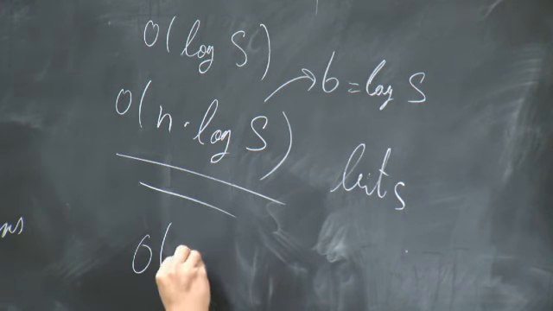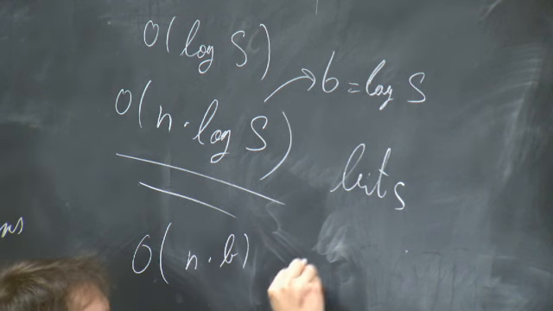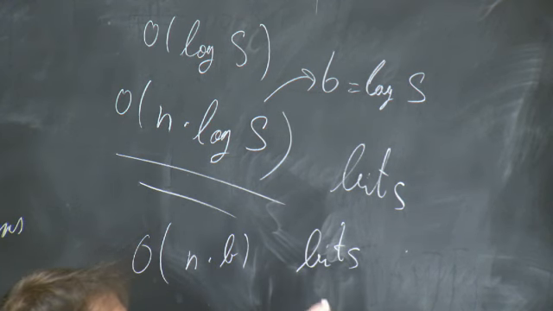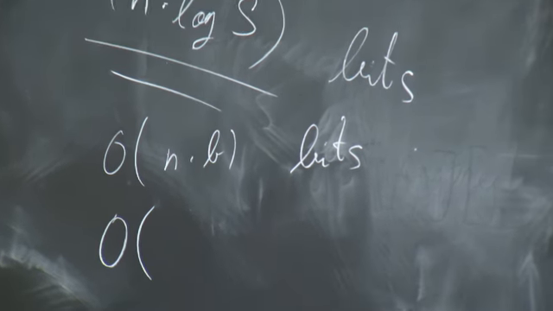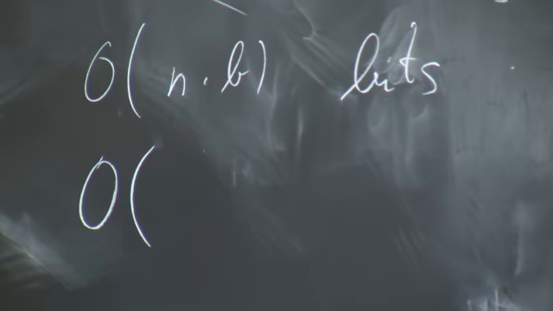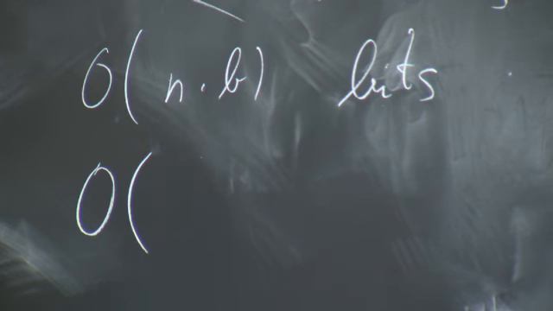Yep, n times log s equals n times b. So this is the input size. Now what is the running time? Number of operations?